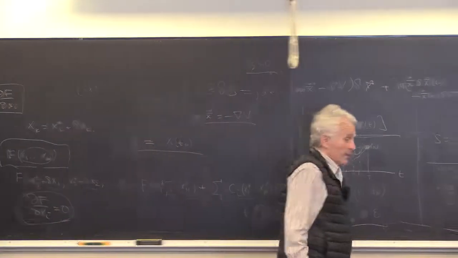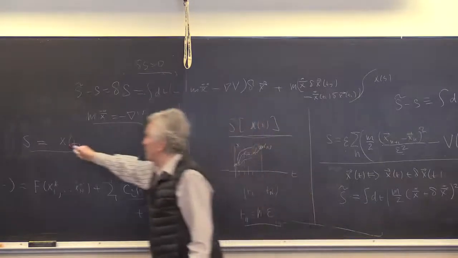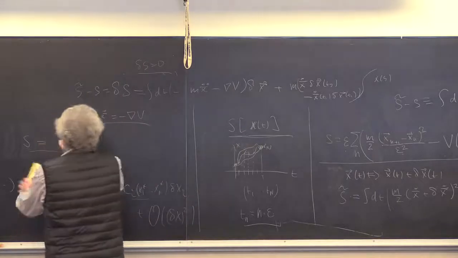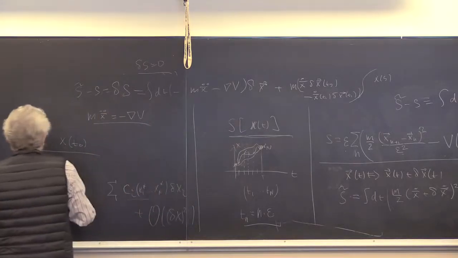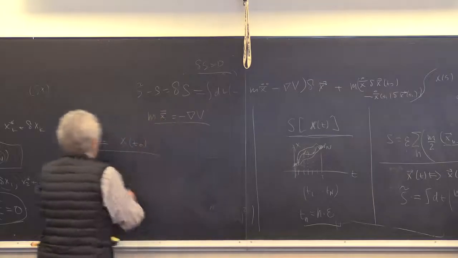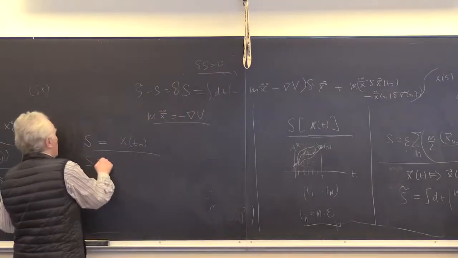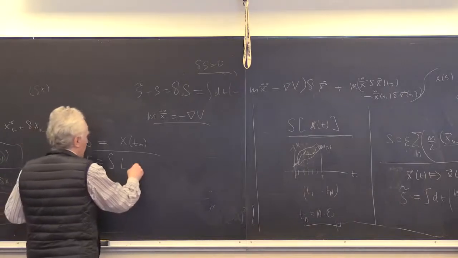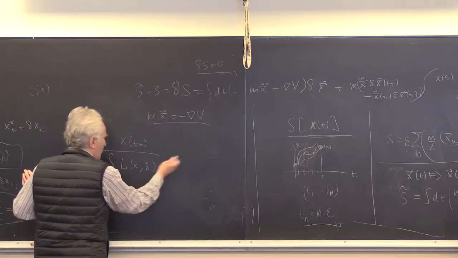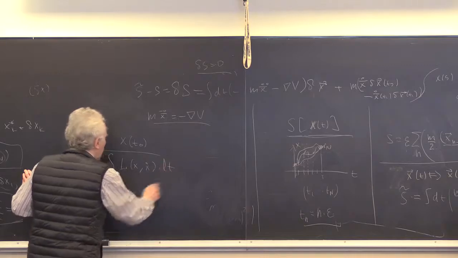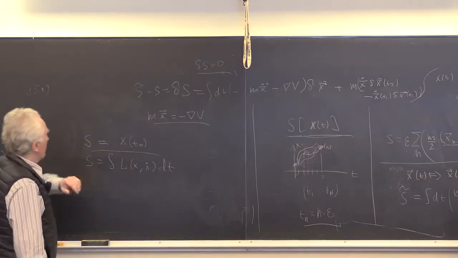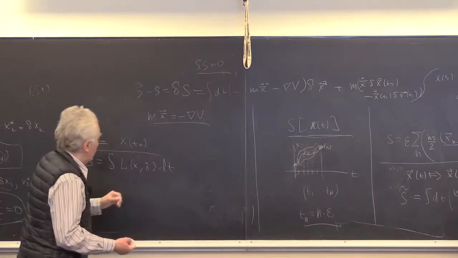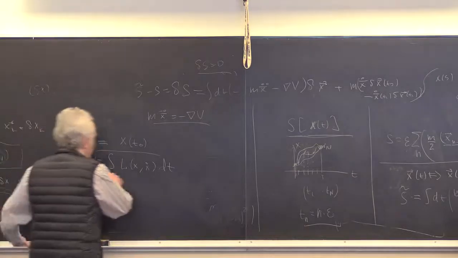It's a functional because when you are given a function x of t, you know the value x at t0. Or you can take a derivative of this function. On the other hand, more generally, we have what is called the Lagrange function, which I assume you know from elementary analytic mechanics. You can imagine many other functionals, of course.